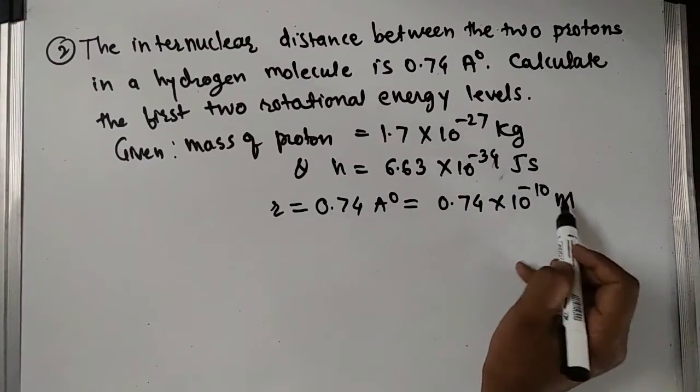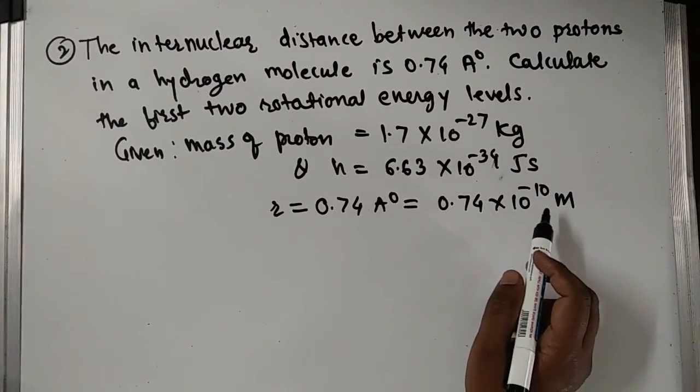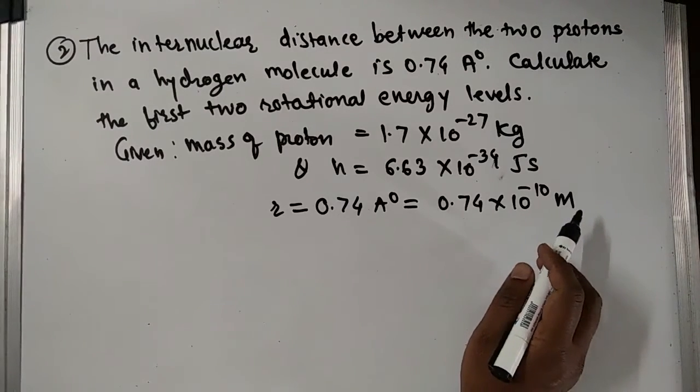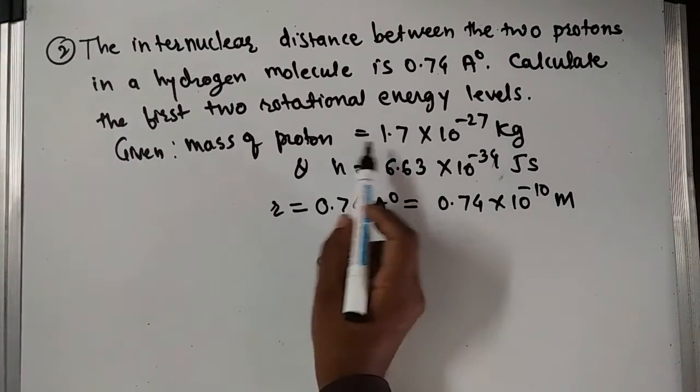Since all the quantities are in SI units, it is better to convert all the quantities into SI units. Now what we have to calculate is the first two rotational energy levels, and mass of proton is given.